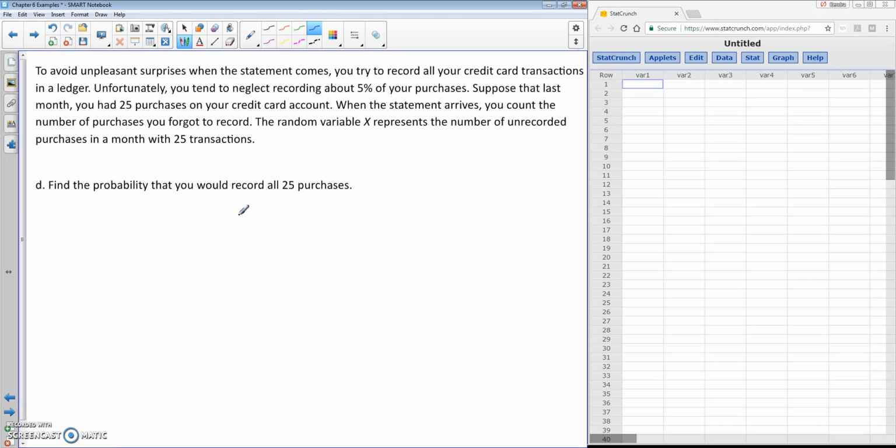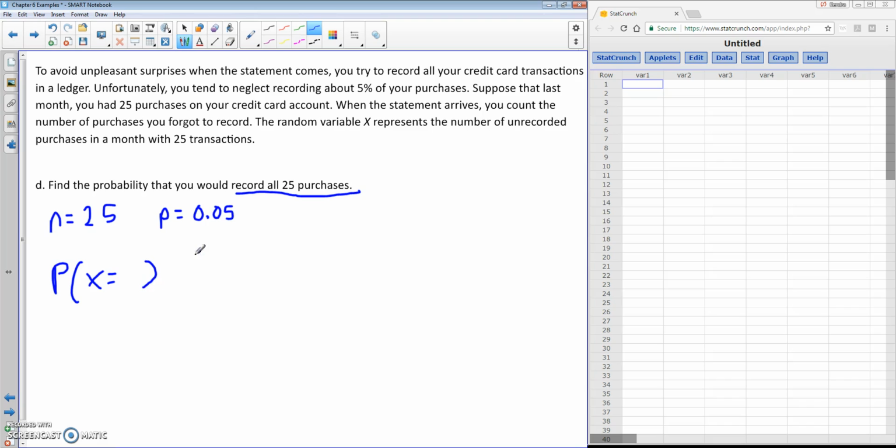We want to know the probability that we would record all 25 purchases. Some key things in here. We know that n is still 25. Our probability of success, which is p, is still 0.05. So we want to write out a probability statement for this. The probability that x is, okay, we're talking about recording all 25 purchases.